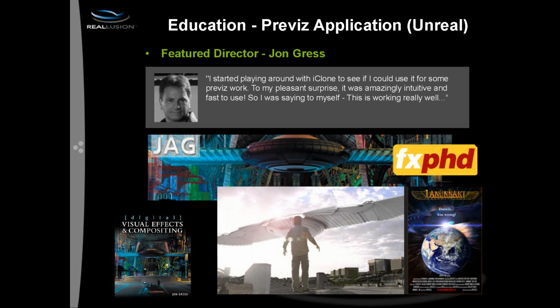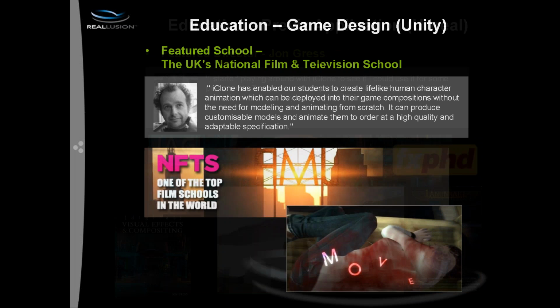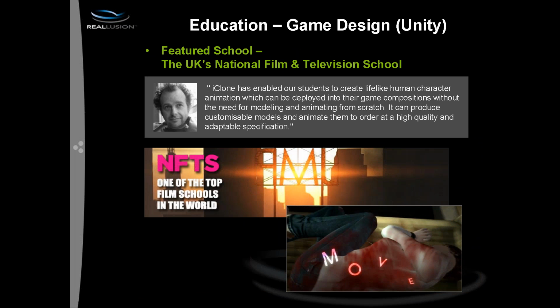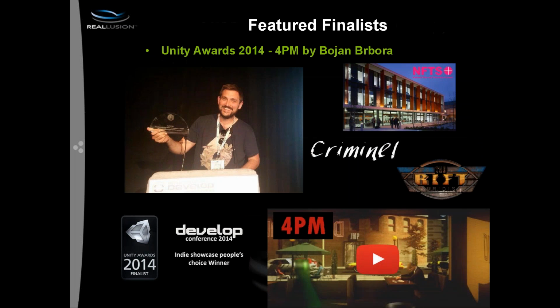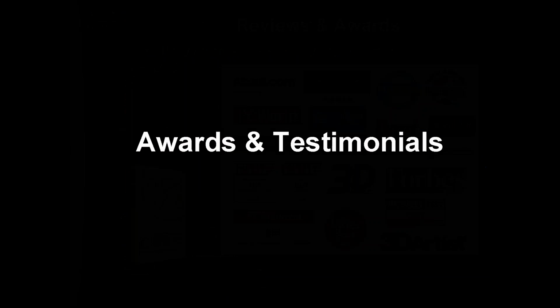John Gress uses it for his video game production, and he is a professor as well. In addition to John Weinbrenn at the National Film and Television School in the UK, they're using iClone for game animation and game production. Bohan Berbora, he won the Unity Award in 2014 for his work with iClone and Unity.